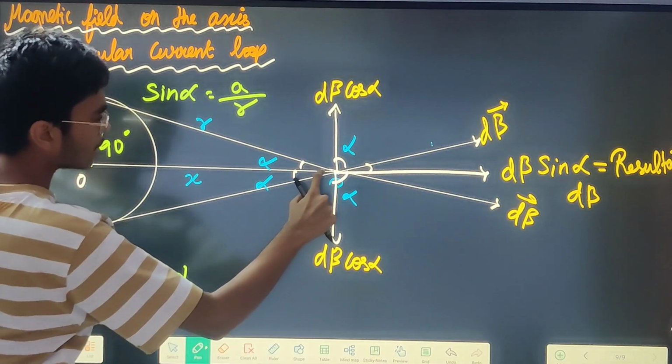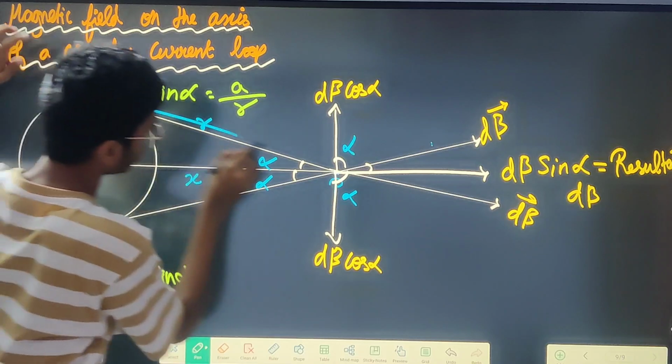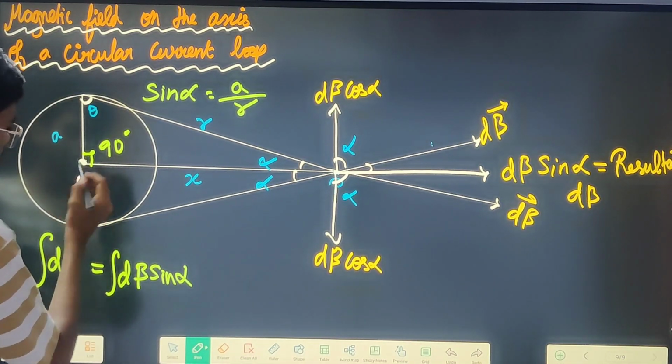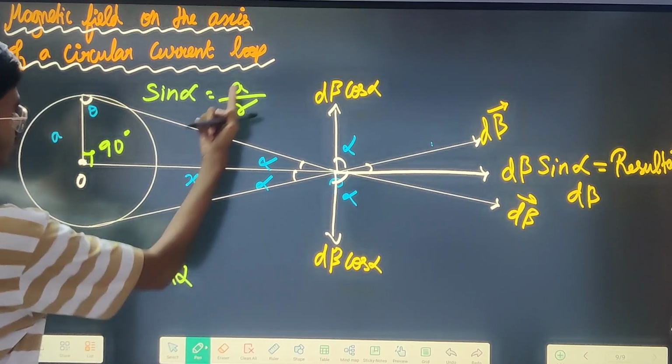This total length is R. So this is R, this is A, and this is the perpendicular. So sin alpha is equal to A by R.